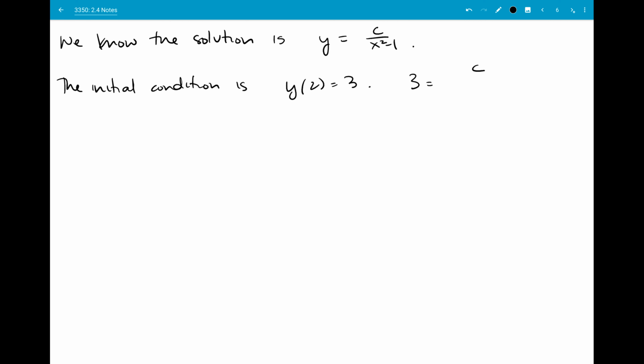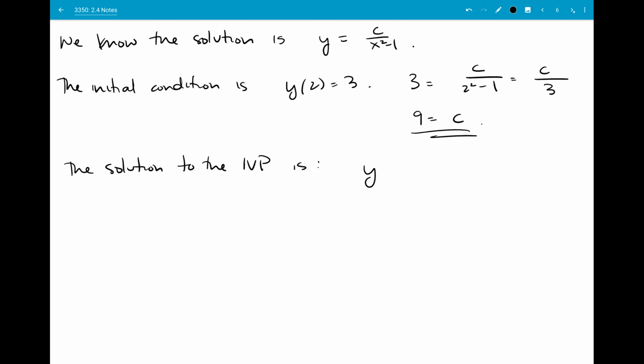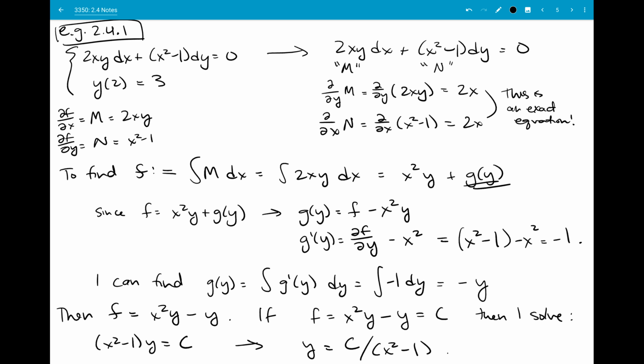So we want 3 is equal to c over 2 squared minus 1, equal to c over 4 minus 1, which is c over 3. So 9 is what c would be. So the solution to the IVP is y is equal to 9 over x squared minus 1. And now we've done what the problem asked us to do, to solve an initial value problem.